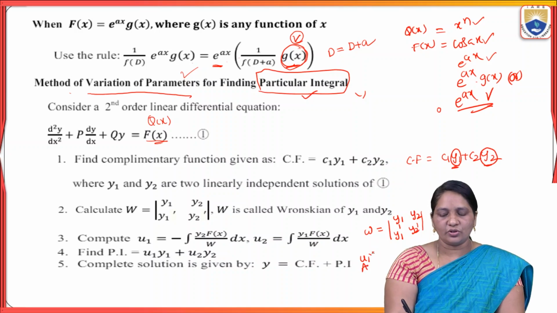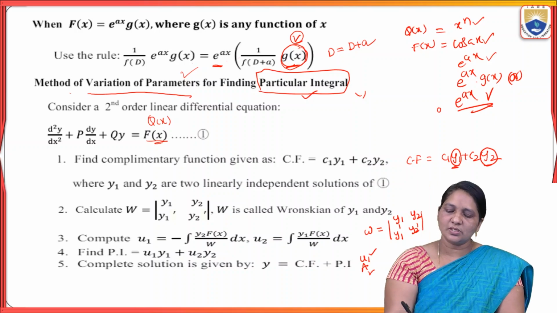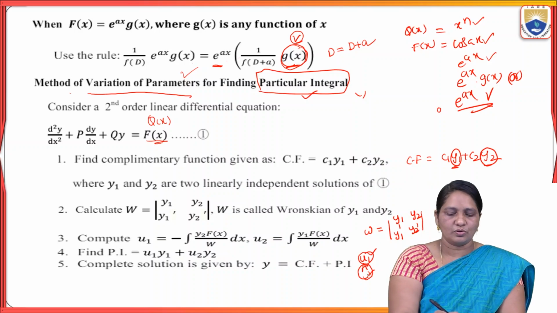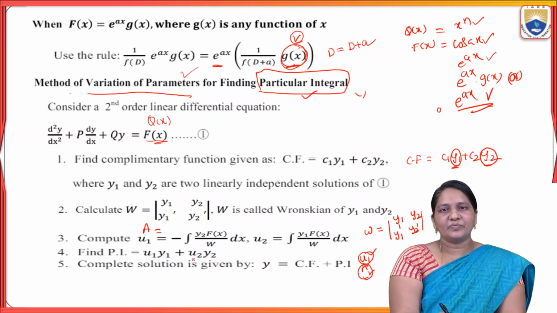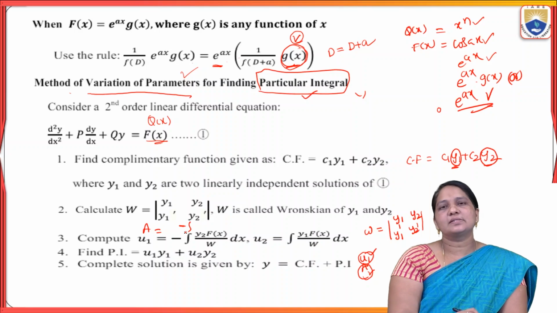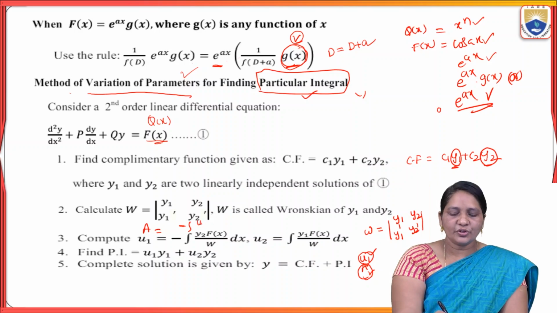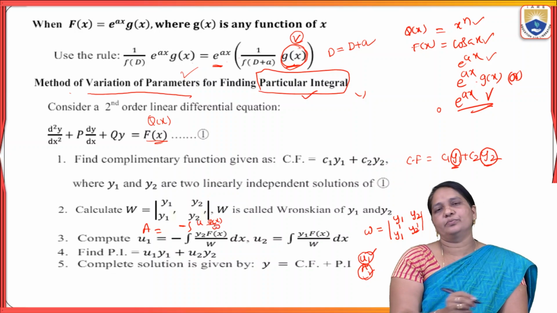Sometimes we denote it with u1, sometimes with a in some of the textbooks, so there is no confusion about this. So u1, otherwise a, equal to minus integral y2 f of x by w, otherwise you can take it as minus integral v into q of x by w.